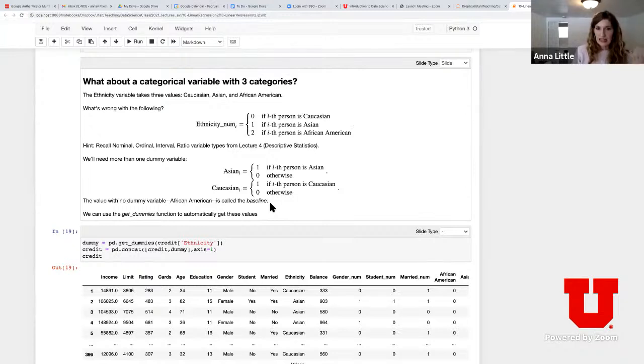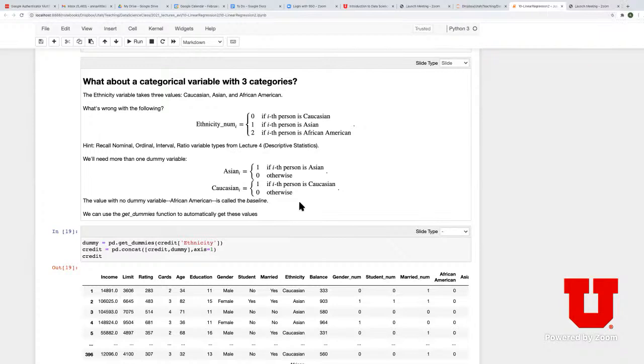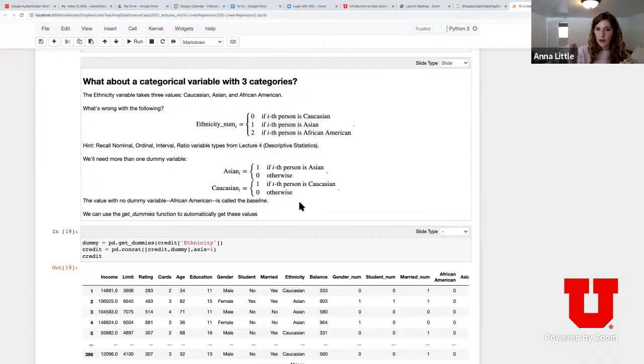So you in fact wouldn't need 3 dummy variables here. You would just need 2, because you would encode Asian as 1, 0, Caucasian as 0, 1, and African American as 0, 0.